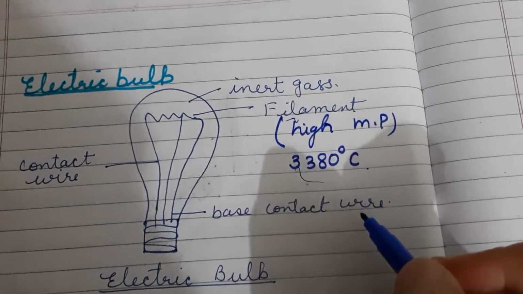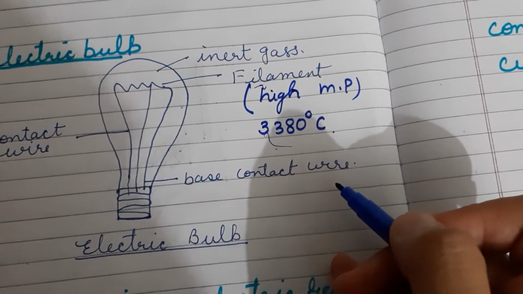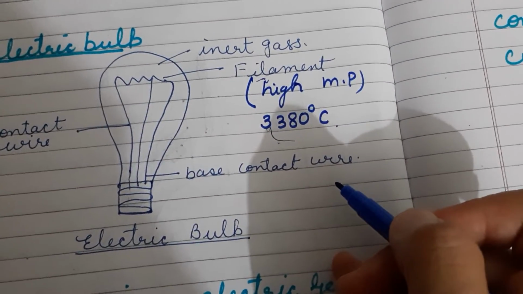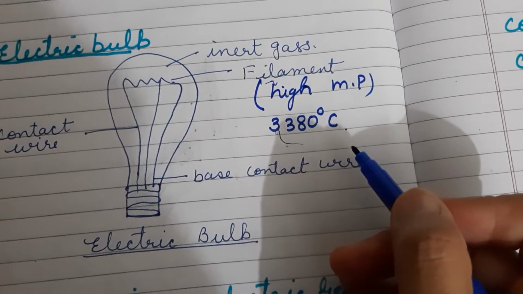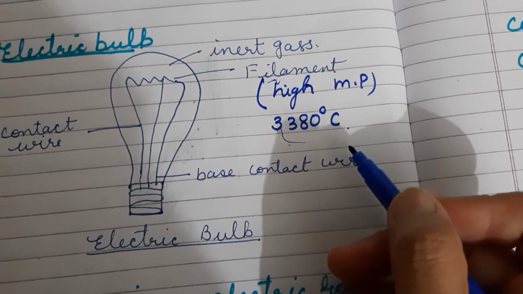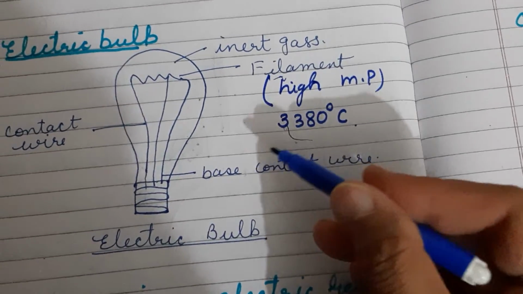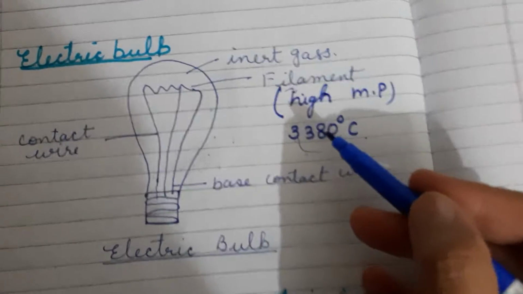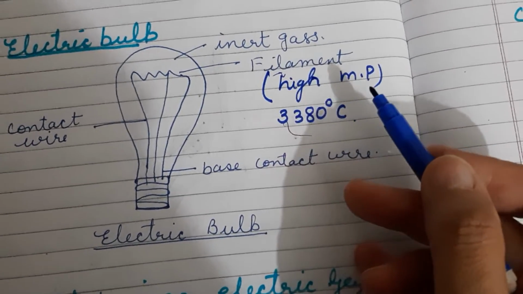So it is made from a metal which has a very high melting point, meaning it does not melt at very high temperature, and that is why when electricity passes through it, the filament gets heated and produces light energy.